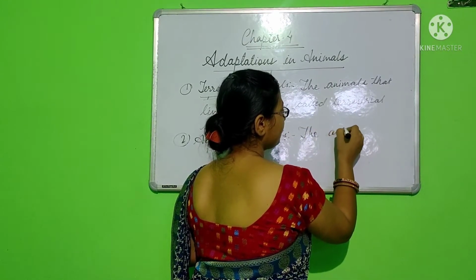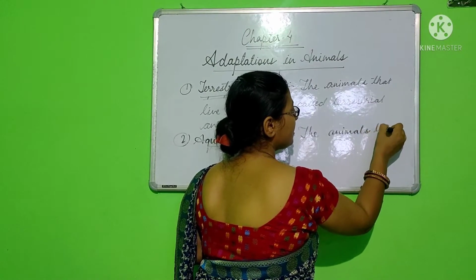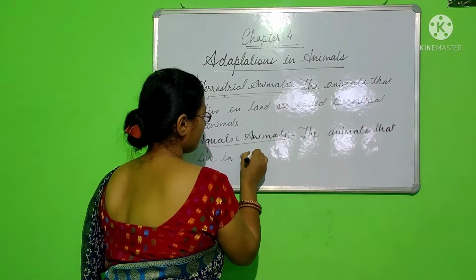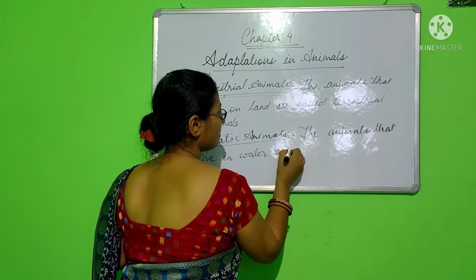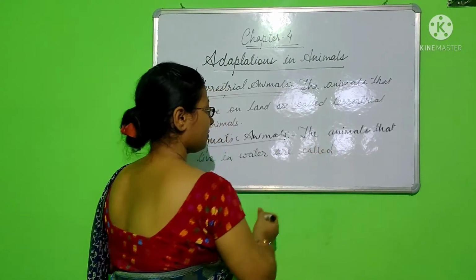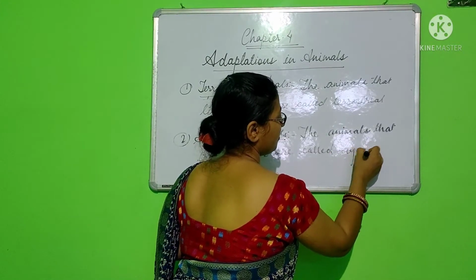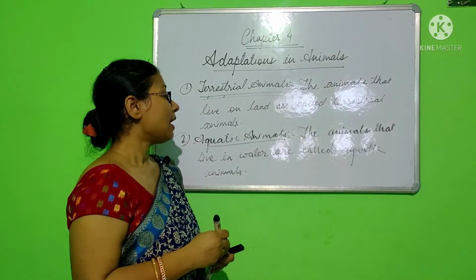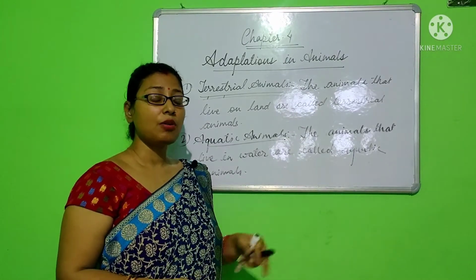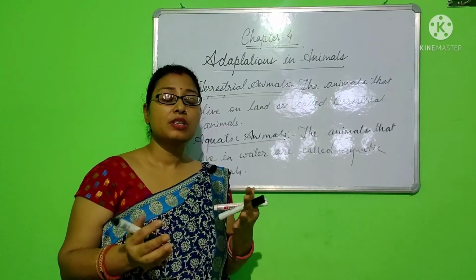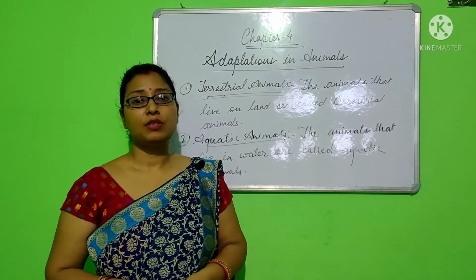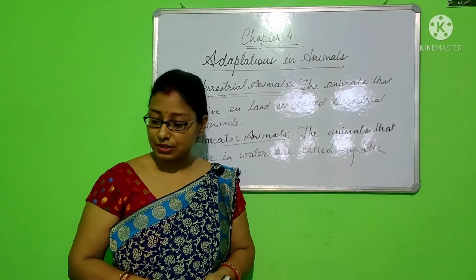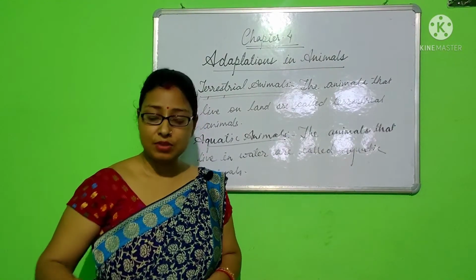The animals that live in water are called aquatic animals. What may be examples of aquatic animals? Fishes, sharks, whales, they all are aquatic animals. Besides these, there are also some other animals present on earth. So today we will discuss those animals also.